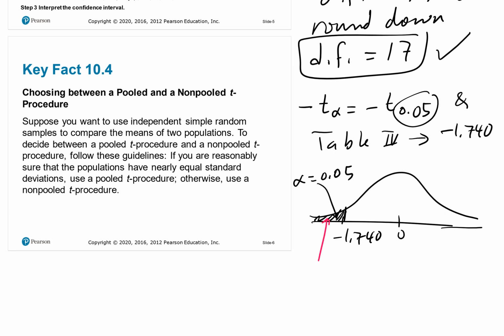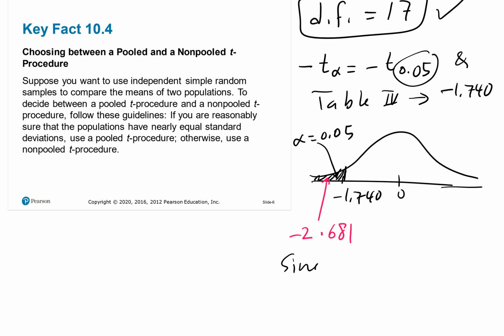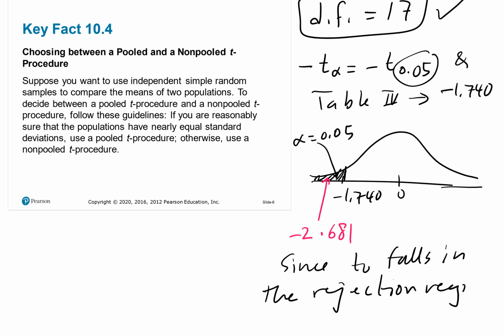Well, it's somewhere here, negative 2.681. So since t0 falls in the rejection region or critical region, we reject the null hypothesis. This is the t-statistic or critical value approach.